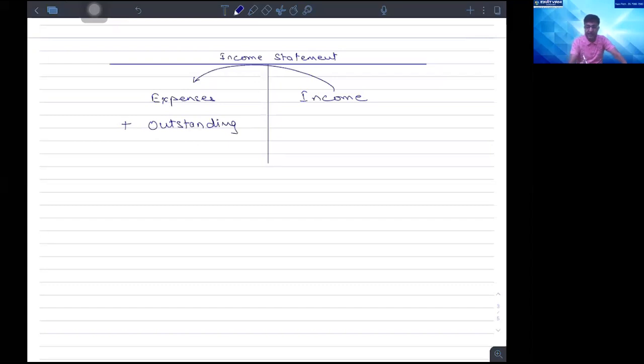Incurred but not yet paid, therefore add it, which is related to current year's income. Similarly, if you have incurred and paid certain amount, but it is not related to current year, then subtract it. Therefore, we subtract the prepaid. So all the amounts which are related to the current year income, all the expenses which are incurred for the current year income should be recognized in the current year itself.